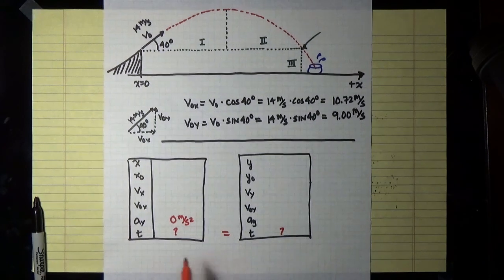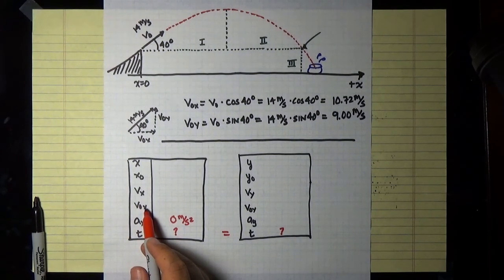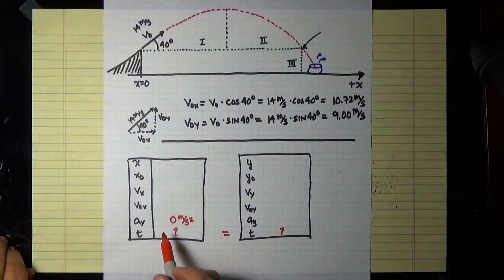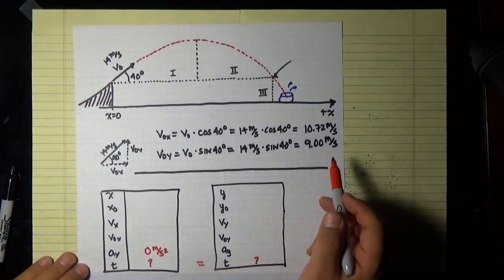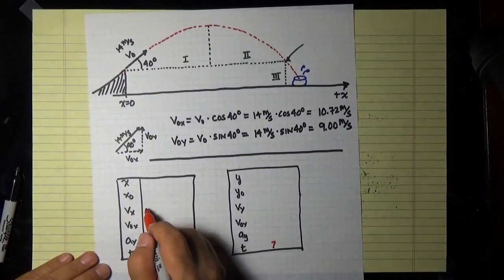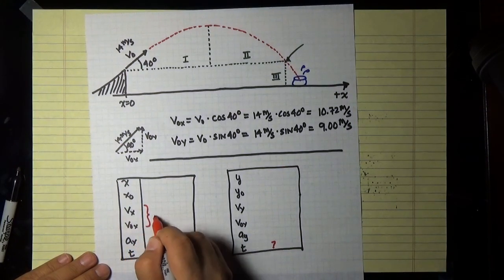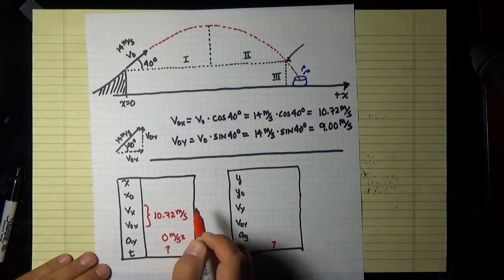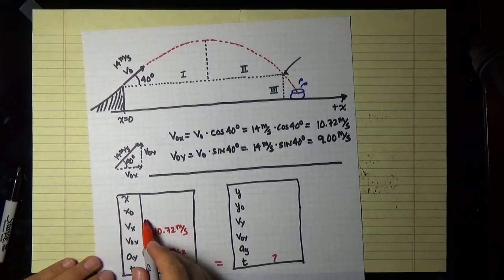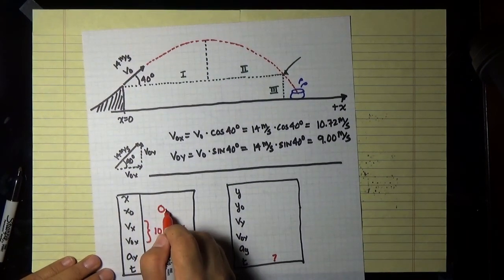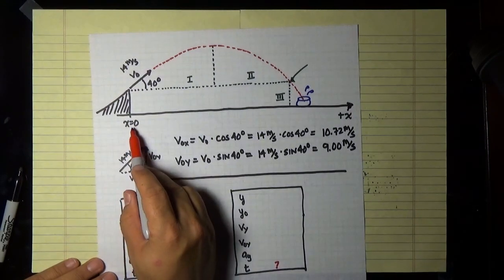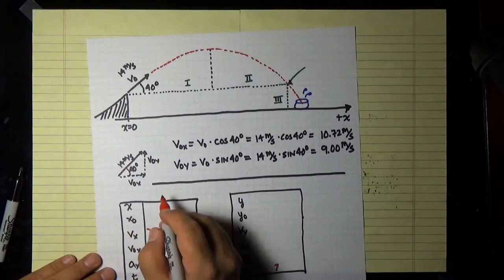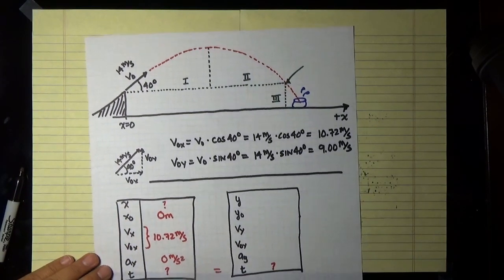So in particular, that means that the x initial speed is equal to the x final speed. That is, the x speed is constant. I calculated the x speed up here. It's 10.72 meters per second. The initial x position is 0 meters because I placed the origin at the location of the ramp, and so the final x position is unknown.